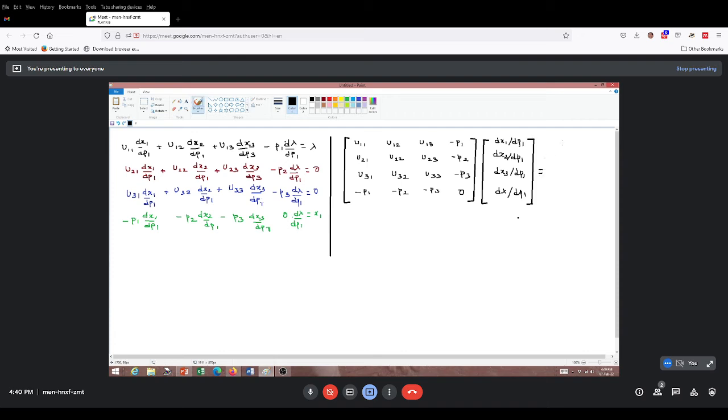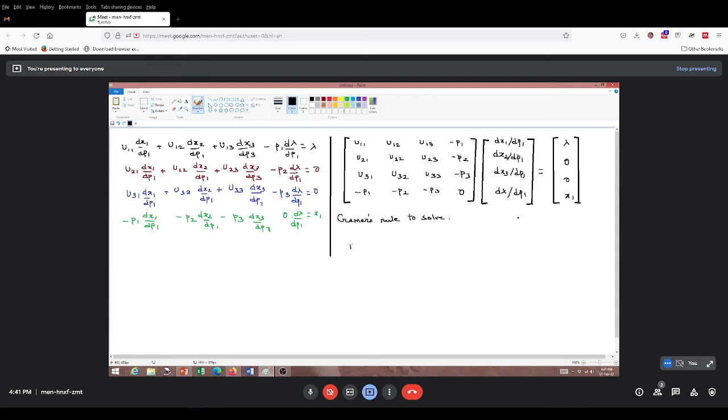This is equal to lambda 0 0 x1. So this is the matrix that we have, and we can use Cramer's rule to solve this equation system.